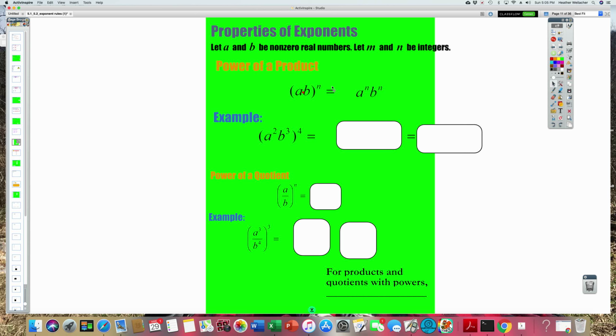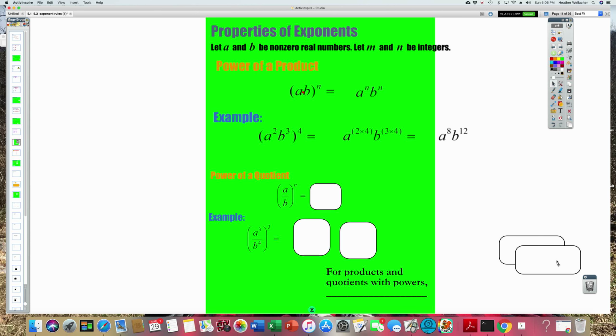It's like you're distributing the exponent. So for example here, notice this is a product. Everything in here is multiplication. So when I distribute that 4, I would get a to the 2 times 4, b to the 3 times 4, which gives me a to the 8th, b to the 12th.